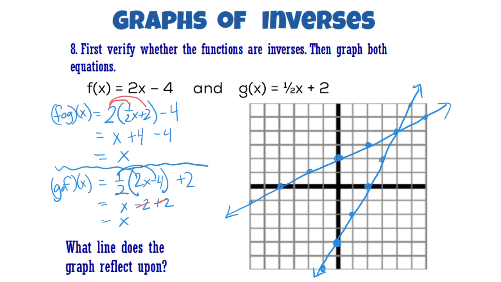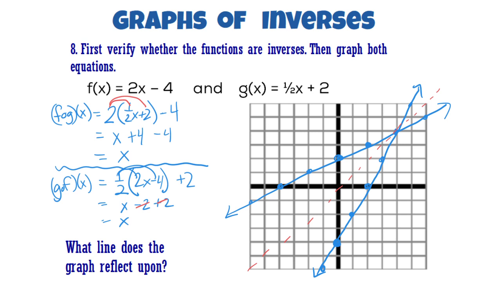Okay. All right. So if you'll notice this, like the last one, these two lines actually reflect over this line right here. They would reflect on top of each other. That actually is going to happen every time.